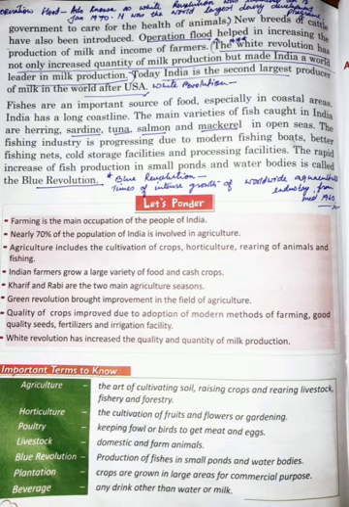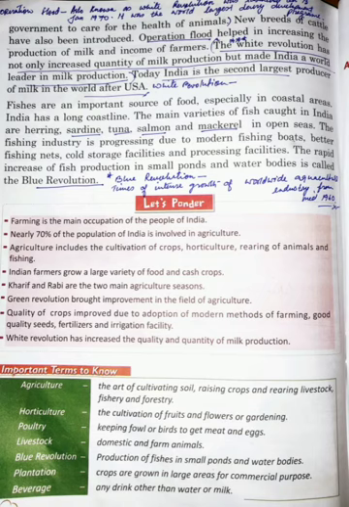And fish are an important source of food, especially in the coastal areas, as we all know that India has an ocean surrounding us, the Indian Ocean, Bay of Bengal, the Arabian Sea.